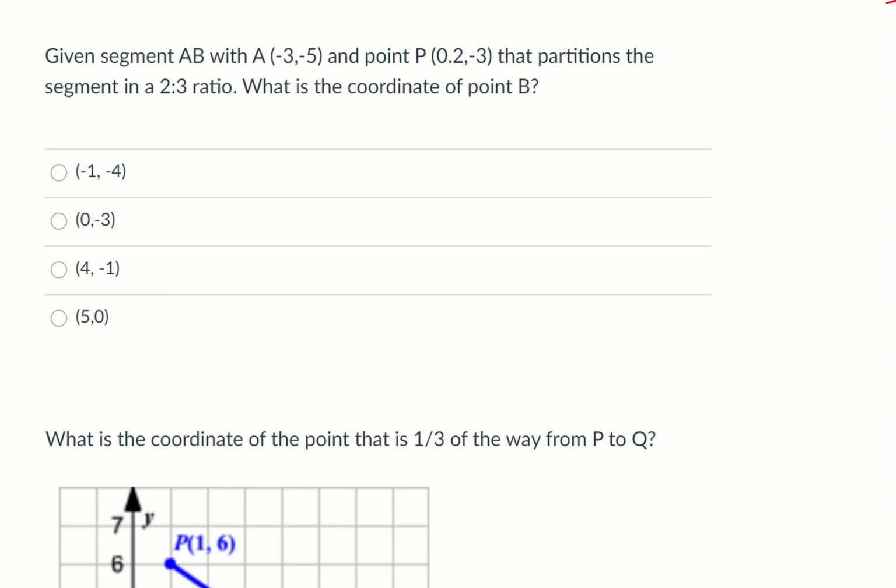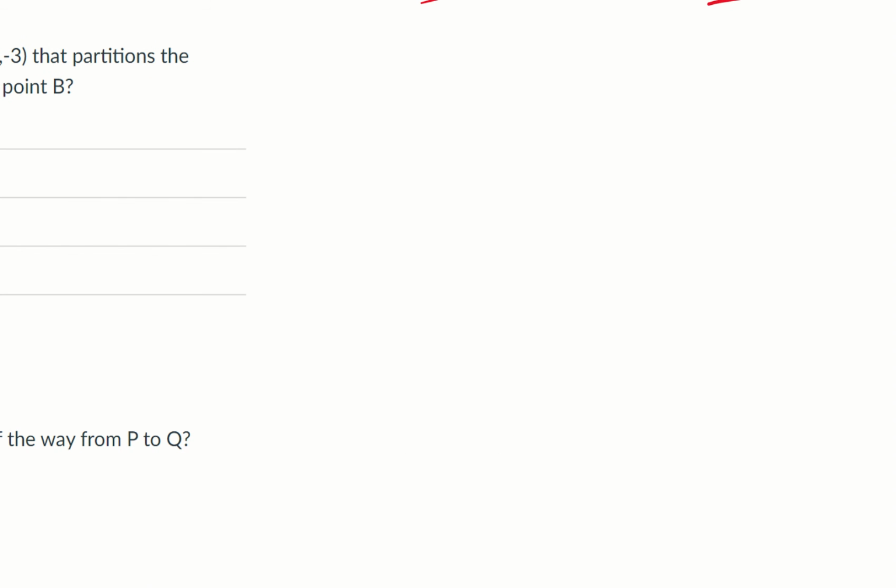So we have A is -3, -5. I'm going to go ahead and draw this more carefully this time.